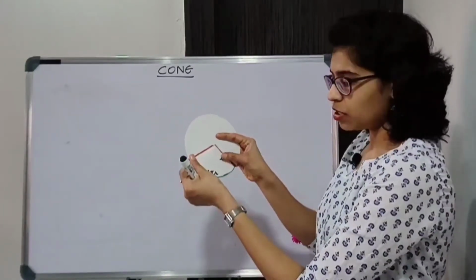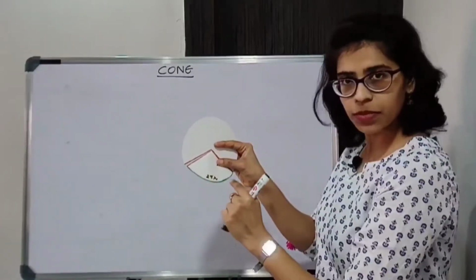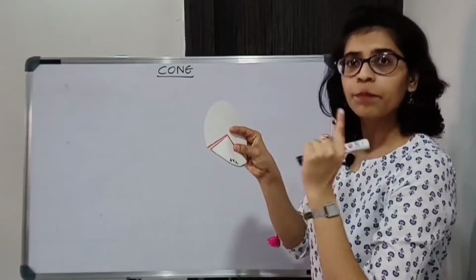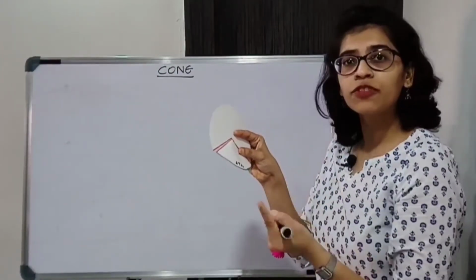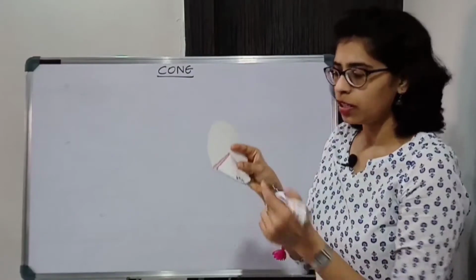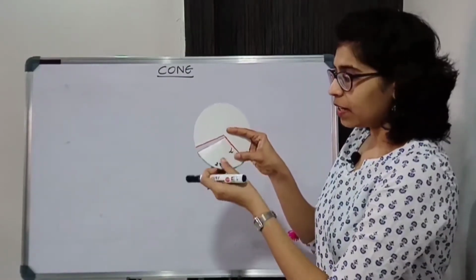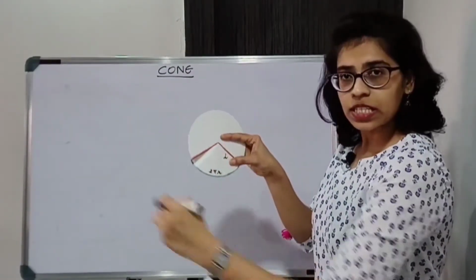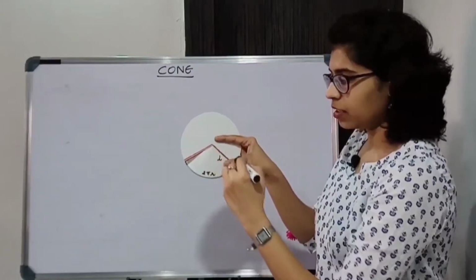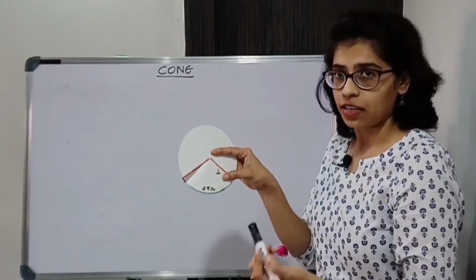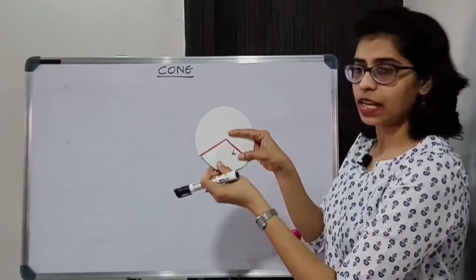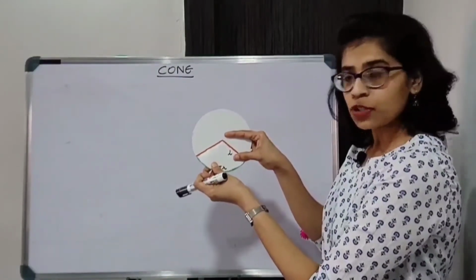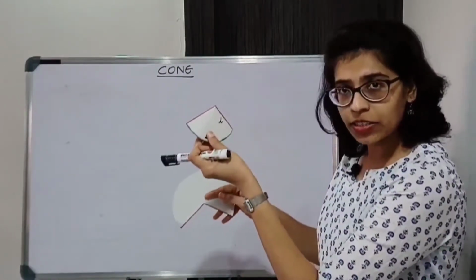This is the arc of the circle, this is the sector, and this is 2 pi r, because this was the base of the cone, and what is the circumference of the base of this cone? It is 2 pi r, and I have drawn this circle having radius L, not r but radius L. So this is the sector.